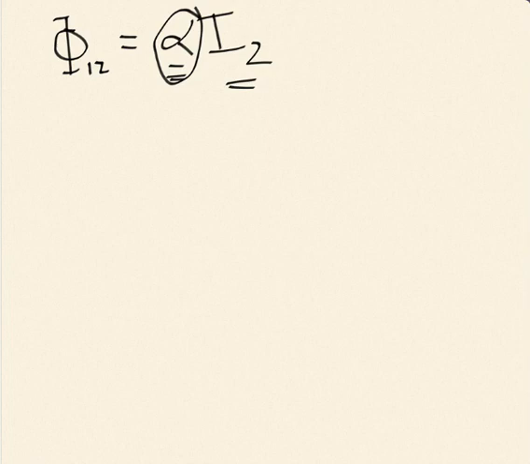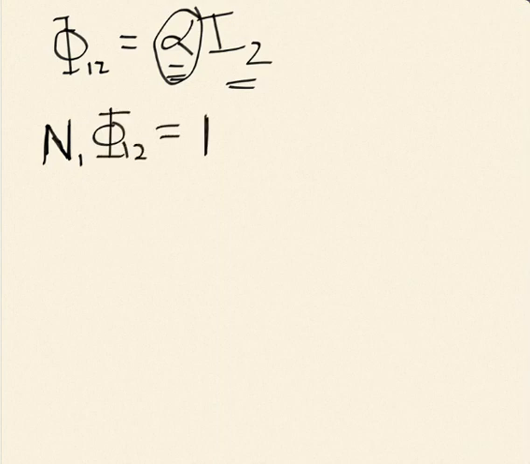Now we usually define this coefficient in the following way, because the EMF in coil 1 is proportional to the time change. It is proportional to N1 times phi 12. We define this coefficient in this expression. So alpha is really M12 over N, I suppose.